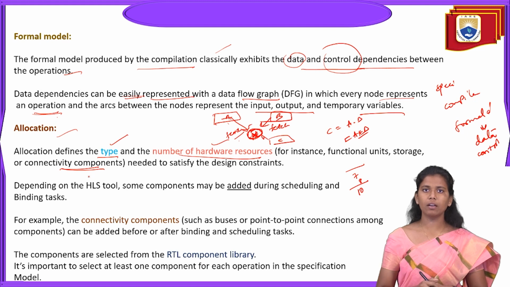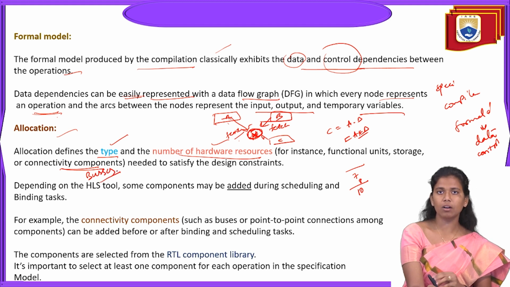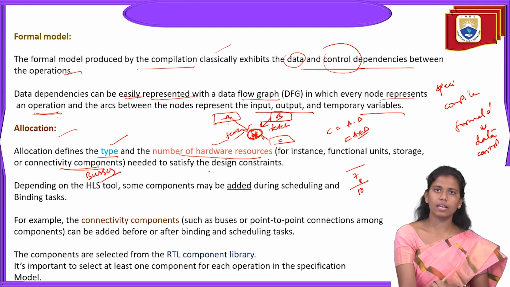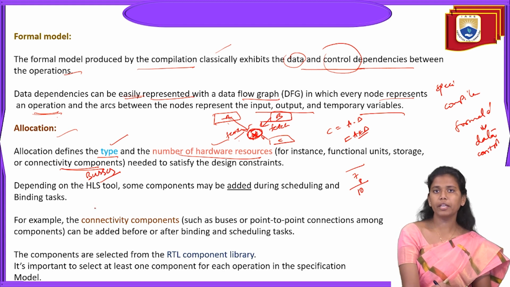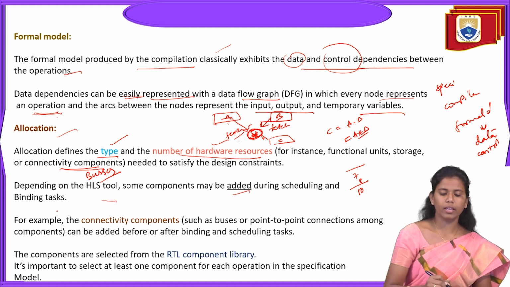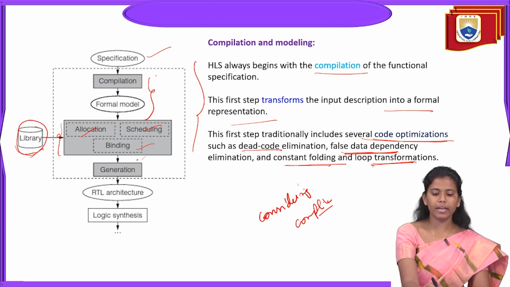In other terms, the buses are what connect all the peripheral devices. Depending on the high level synthesis tools, some components may be added during the scheduling and binding tasks. So scheduling, binding, and allocation are all present in the library.